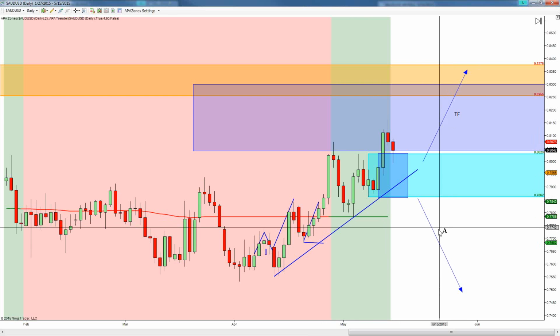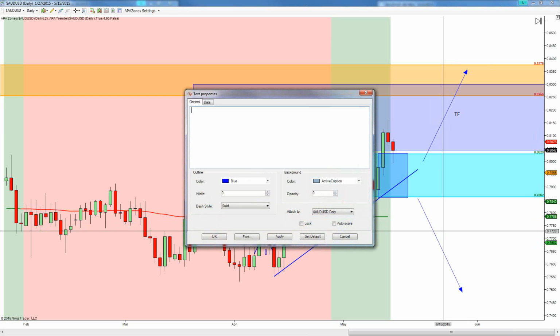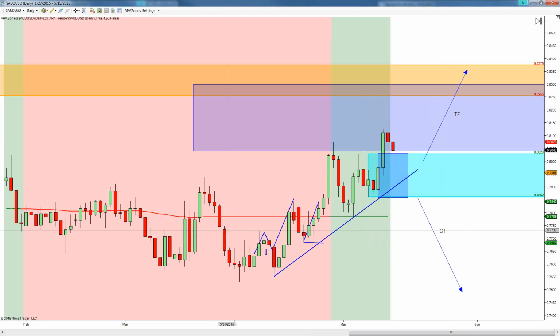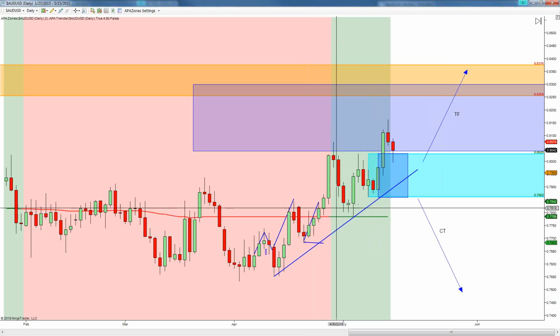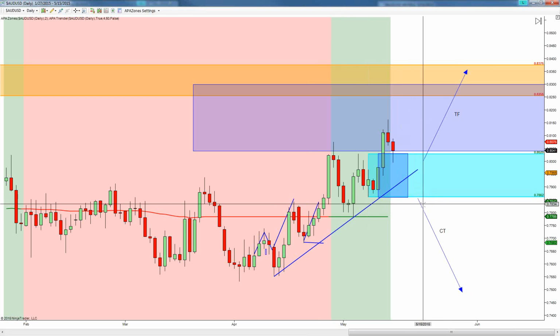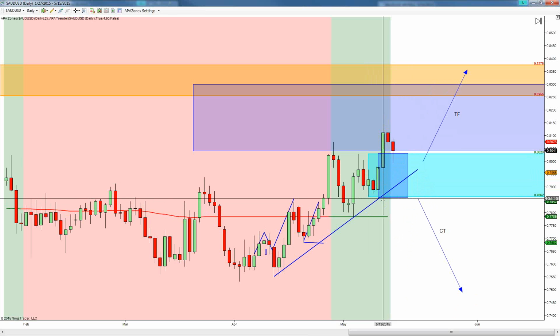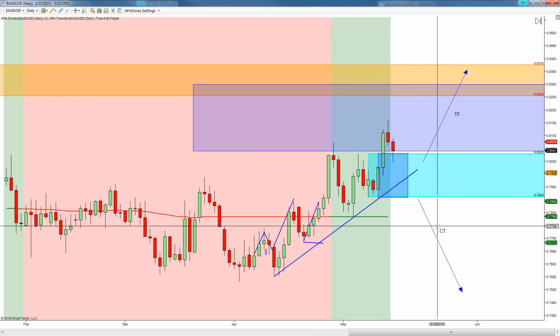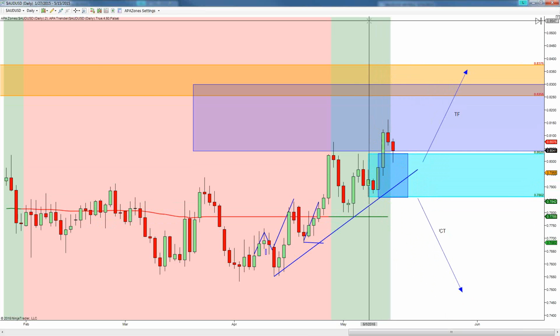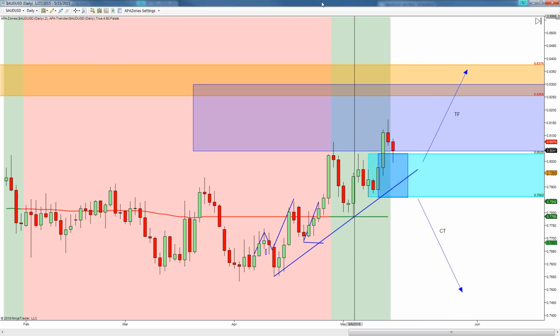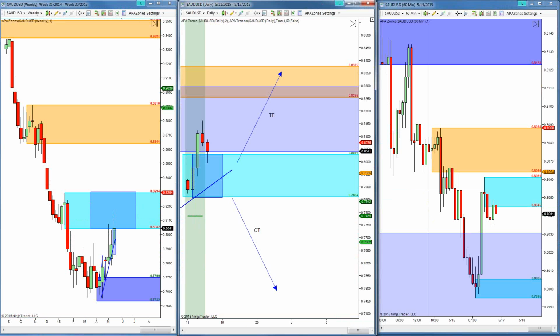So on my entry chart, I want to be running with what I see in my bigger context, and then the CT, I would say, would be the short, but it really needs to break some support before I'm looking to do that. So that's what I'm looking at for the upcoming week on that one.